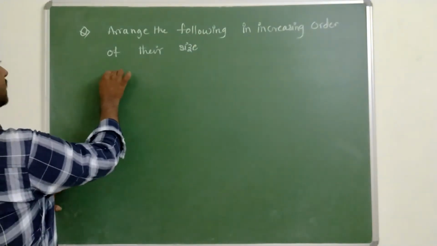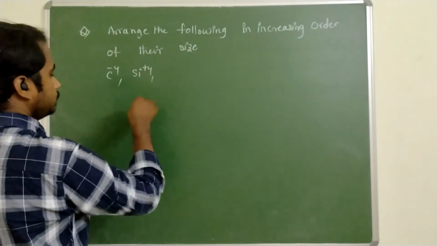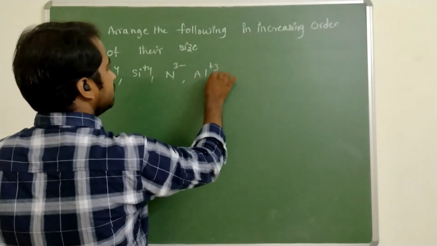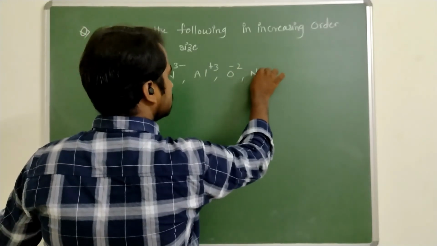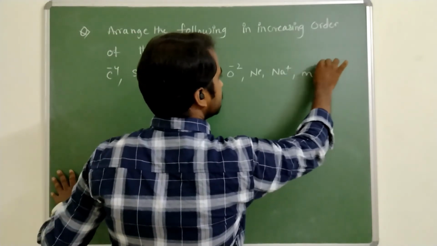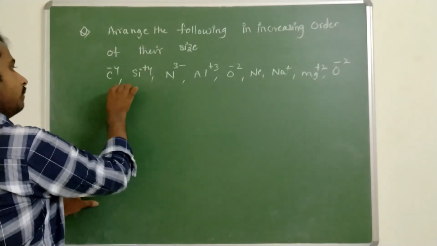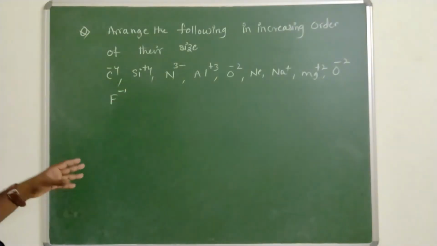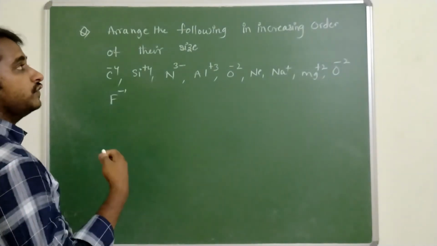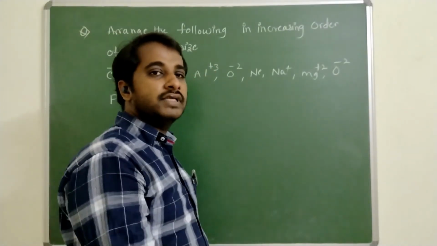The species given are C4-, Si4+, N3-, Al3+, O2-, neon, Na+, Mg2+, O2-, F-. These are the ions given. So what should we do? We need to arrange the given ions in increasing order of their size.